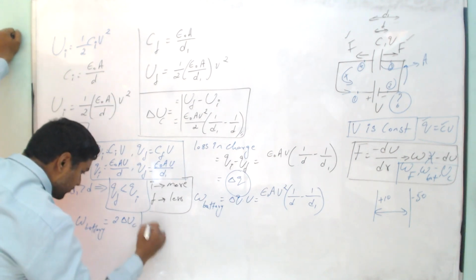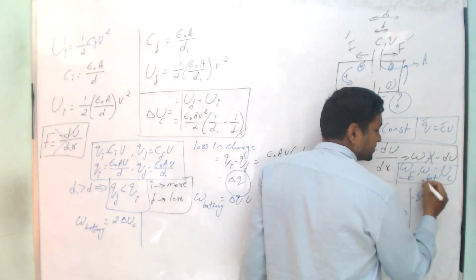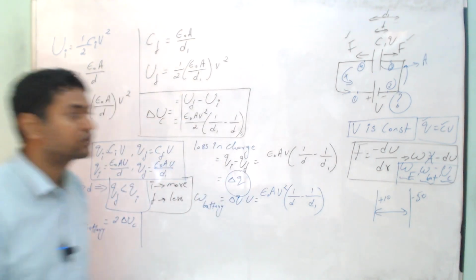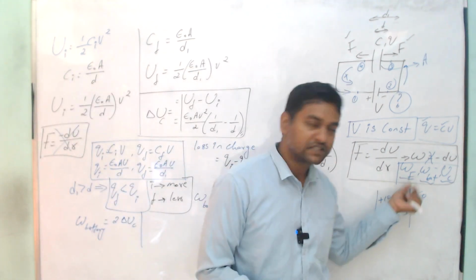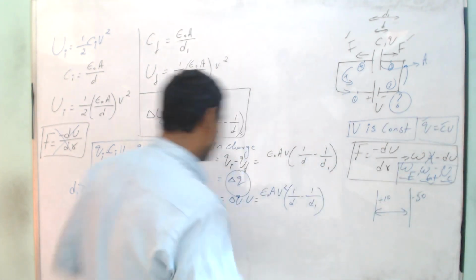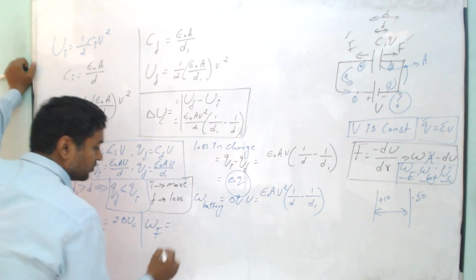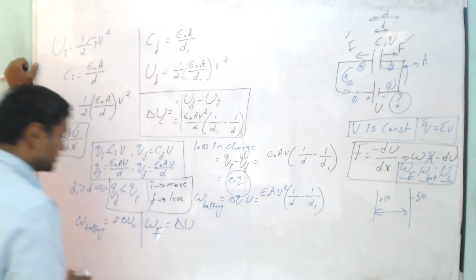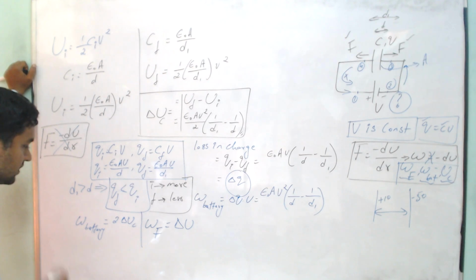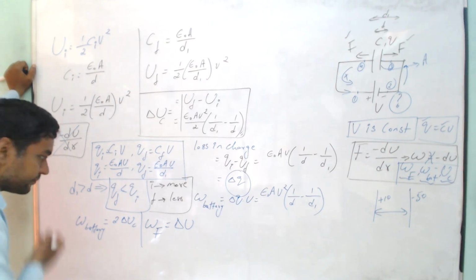Or if I want to find, here we said there are three things involved: force is involved, battery is involved, and potential energy of the capacitor is also involved. Then you said by yourself what the total work done is, if you remember, right? Using that logic, the work done by my force is my change in potential energy of the capacitor plus change in potential energy of the battery.